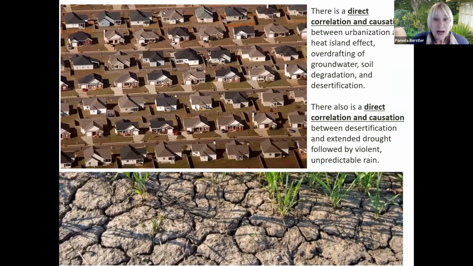There is a direct correlation, and in fact, not just correlation, but causation between urbanization and the heat island effect. It also is a direct correlation and causation of urbanization and overdrafting of groundwater, and ultimately of soil degradation and desertification. Urbanization is what is creating desertification.